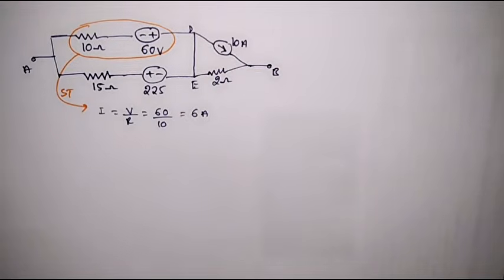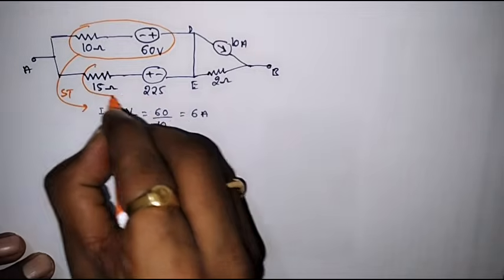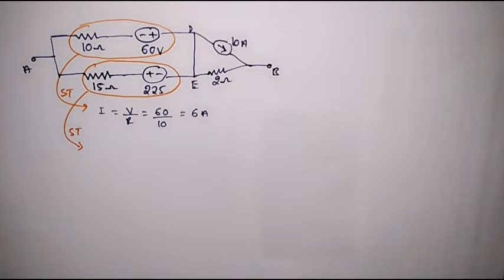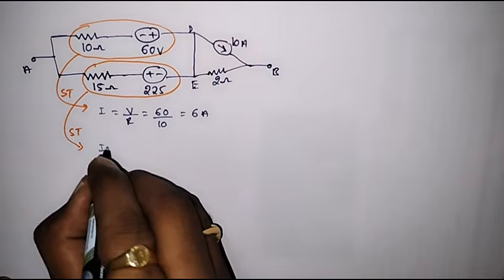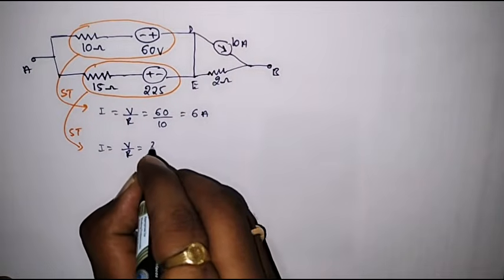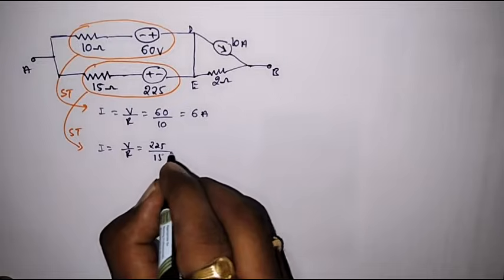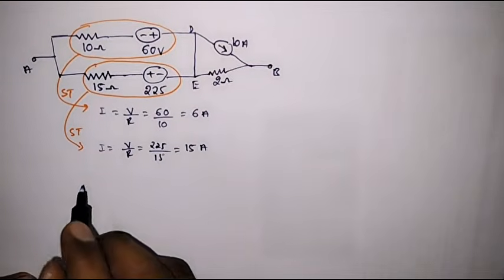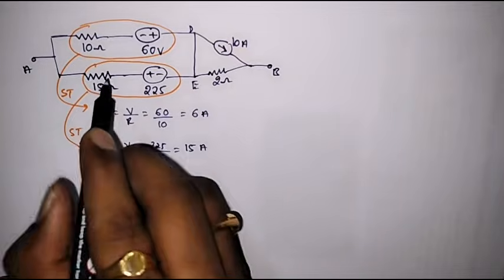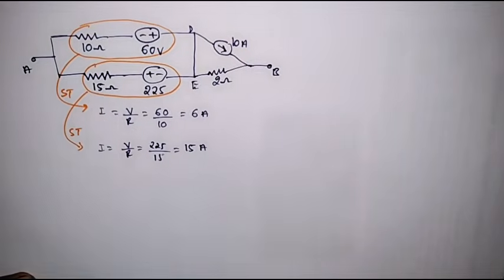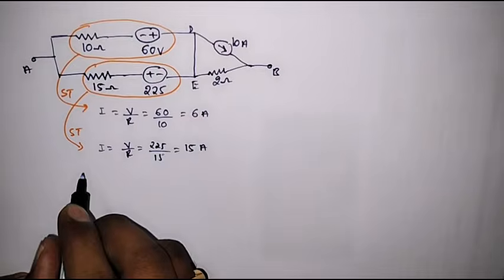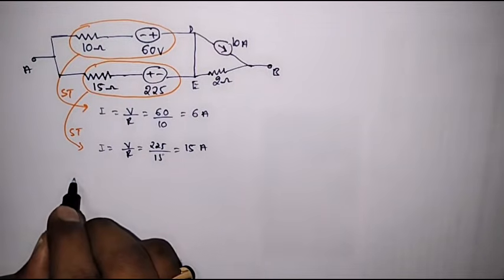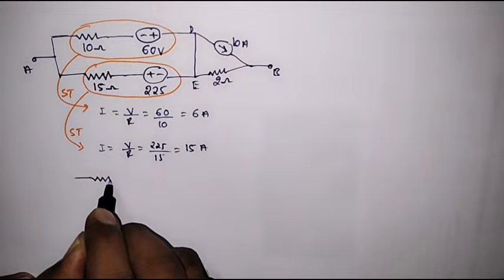Similarly, this voltage source is transformed by source transformation, that is I is equal to V by R, that is 225 by 15 is equal to 15 amp. Now I will redraw the circuit. Now these two 10 and 15 ohm resistors will come in parallel to 6 amp and 15 amp current sources.